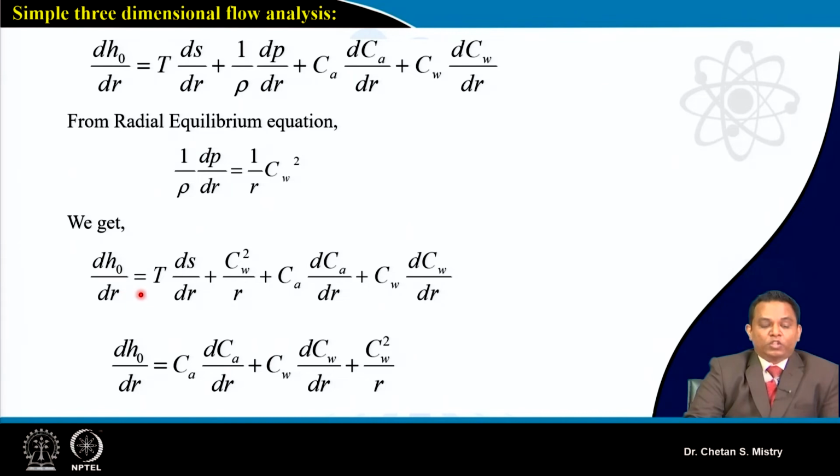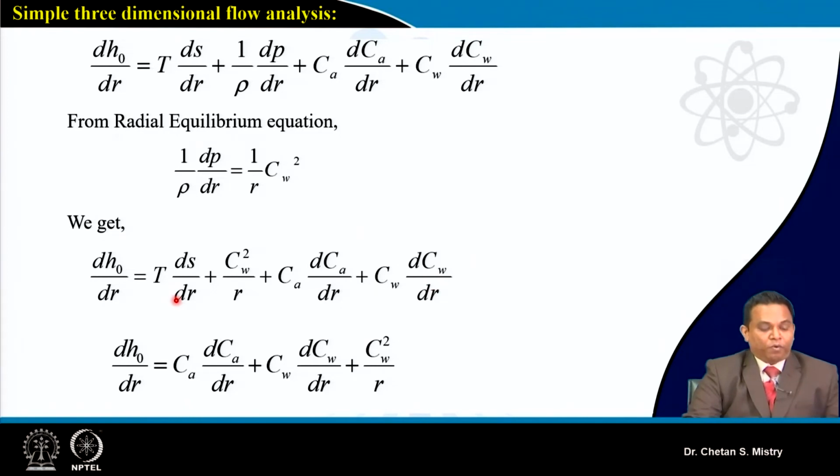It says dH0 by dr is given by the entropy change, a term in the sense of centripetal force, the axial velocity component and its change along the radius, and the tangential velocity component and its change along the radius.